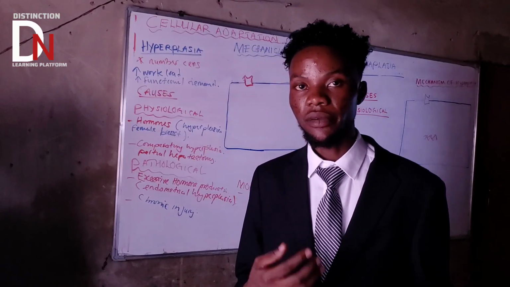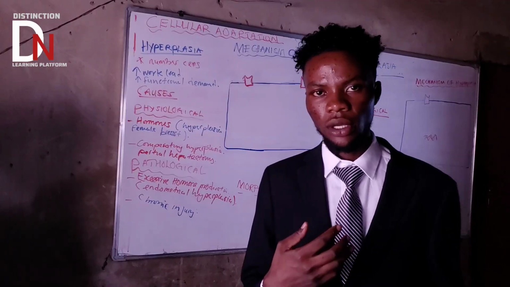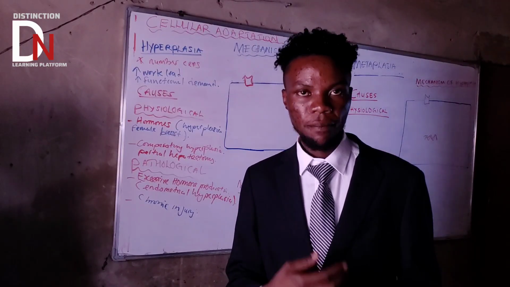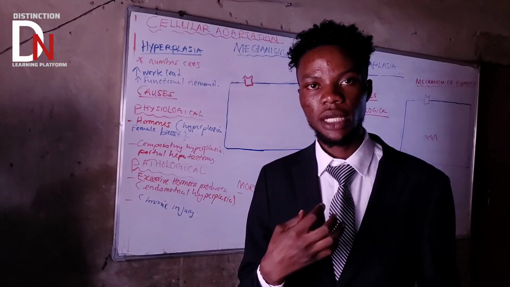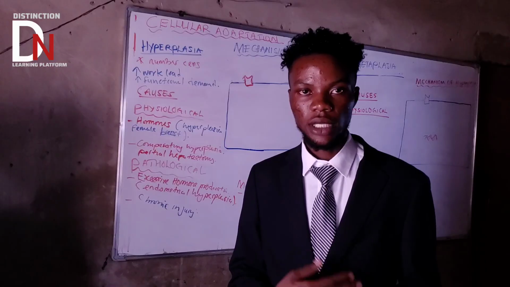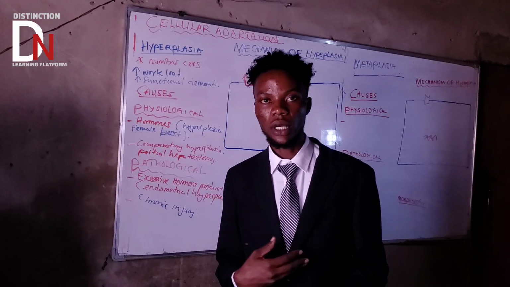So basically, chronic injury can cause cells to start dividing. That injury is the pathological cause. Where does that happen most of the time? It can happen in the epithelial lining of the oral mucosa, and also the epithelial lining of the skin. That's where that inflammatory response can occur.